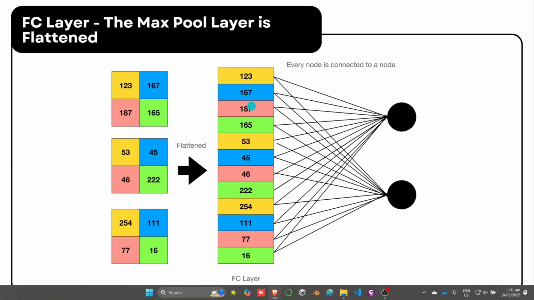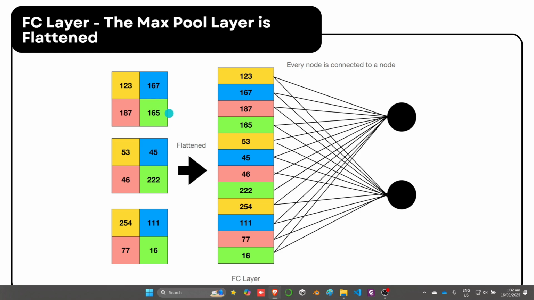So you can see it's a row here, and a row here and a column. And then the next filter is added. And then the last filter is added again to the bottom. So you have this one dimensional vector with all the values from the feature maps.